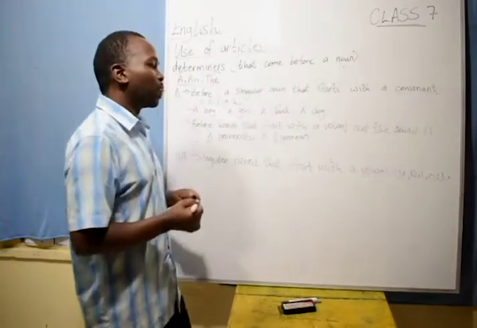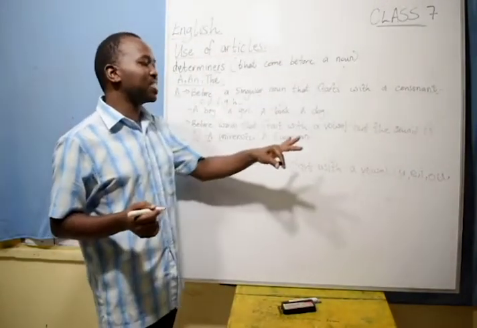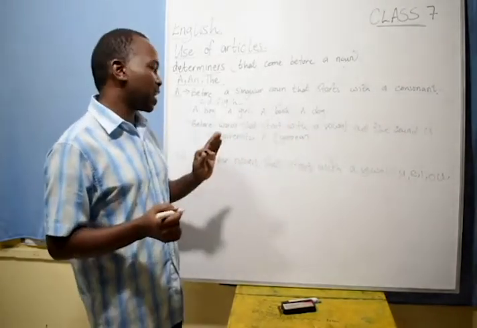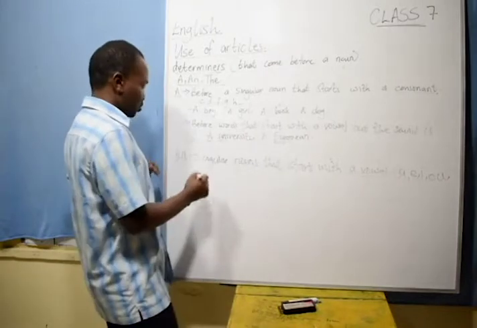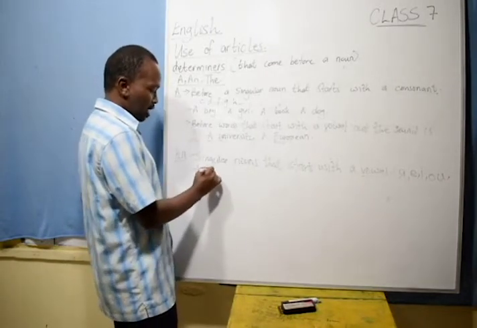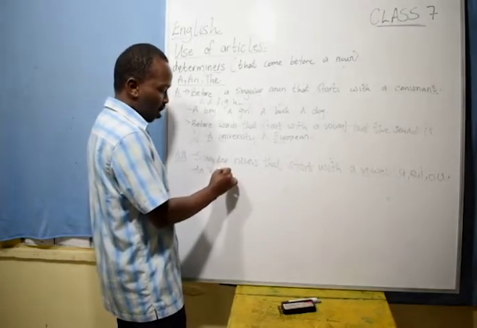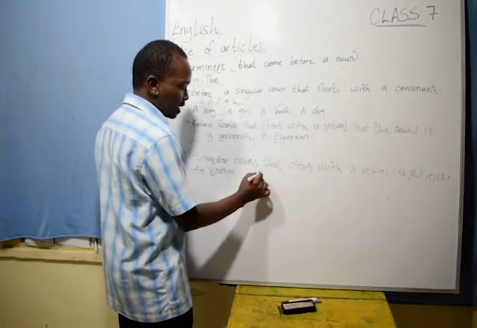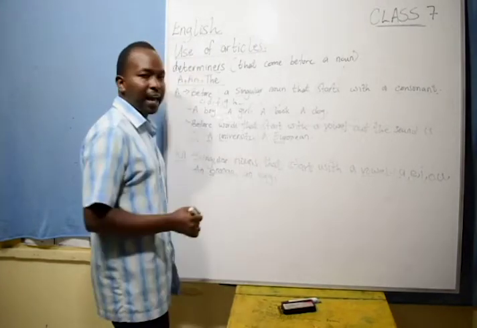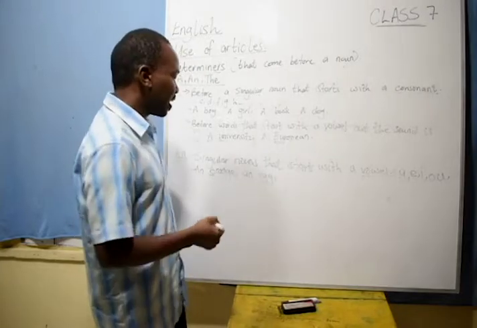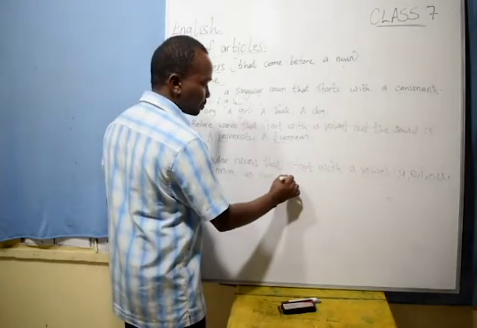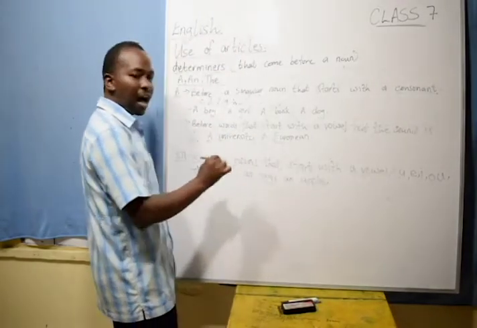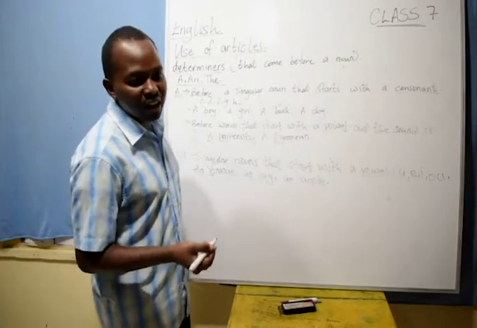Very good. So those are the vowels. In case a word starts with one of those vowels, we have to put article an. For example, the most common, an orange. We have an egg. He broke an egg as he was preparing the cake. An apple. So all these are ways of using the article an.